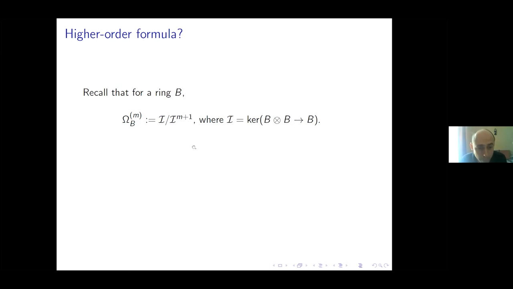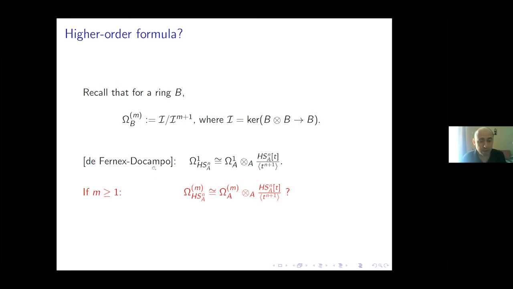And so Fernandez-Docampo provided this formula, okay? And because of this geometric motivation, we would like to know whether there is a higher order formula. Now, I don't want to create any suspense here, okay?